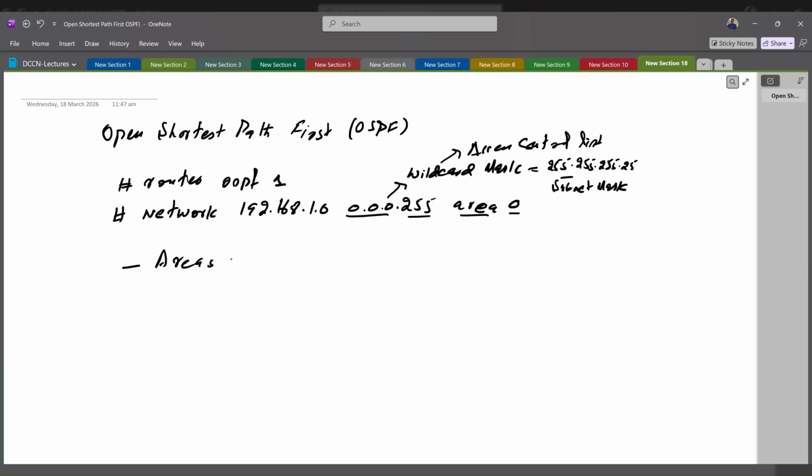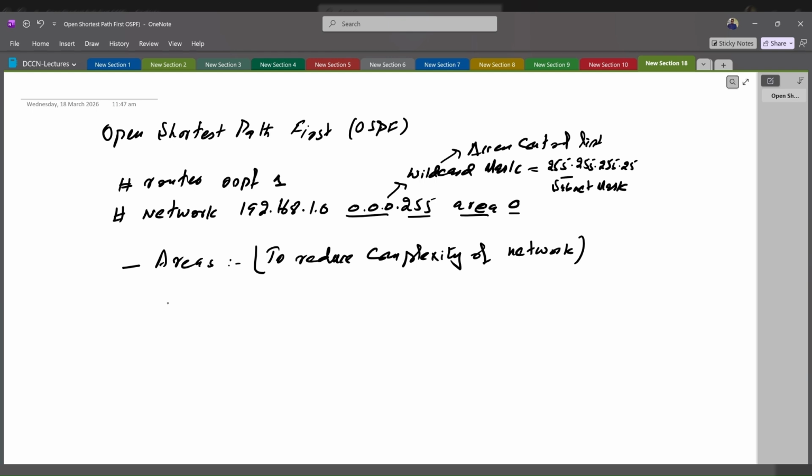And why do we do this? We do this to reduce the complexity of the network, because if the network size is more, the larger the link state database will be.